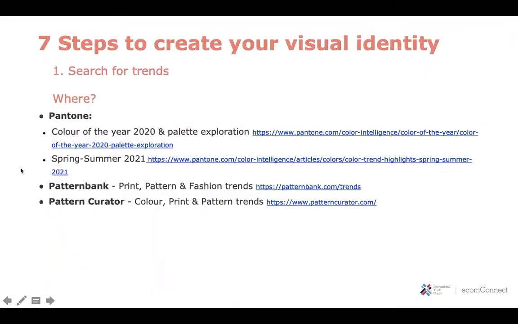Let's see the next one, Pattern Curator. This is another great source of design inspiration, which delivers color, print, and pattern trends and inspiration. Mood boards are available to view on the site without any subscription. I love this website. To be honest, it's one of my favorites.